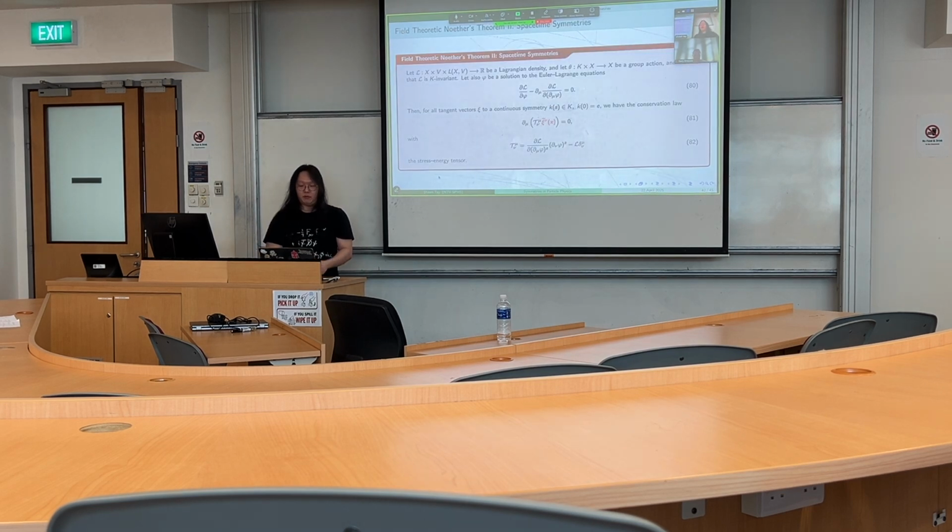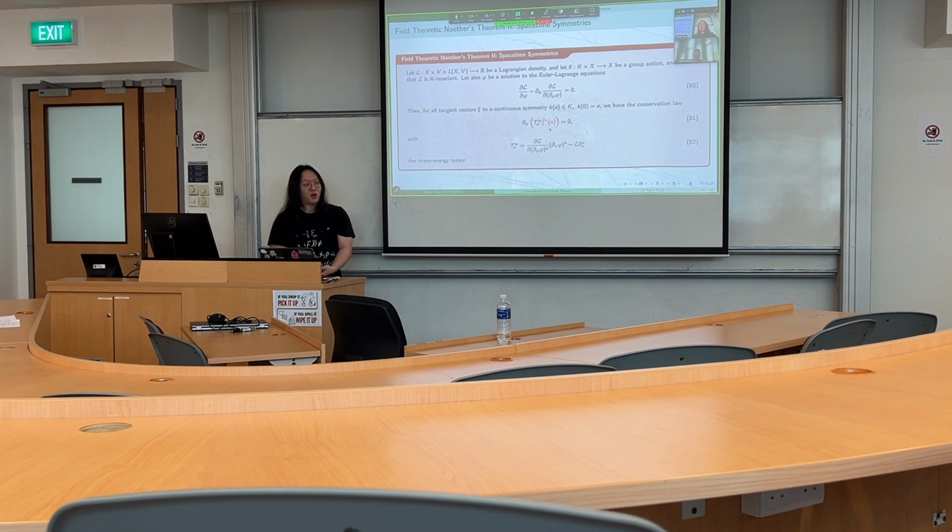Now that we have a symmetry, we can show Noether's theorem for space-time symmetries. It says that suppose I have a Lagrangian density that is invariant under some space-time transformations, and suppose I have a solution to the Euler-Lagrange equations. Then for all tangent vectors to a continuous symmetry, we have this conservation law.